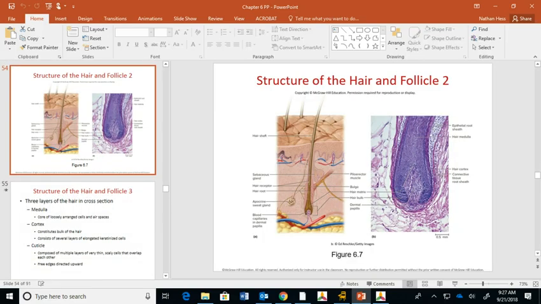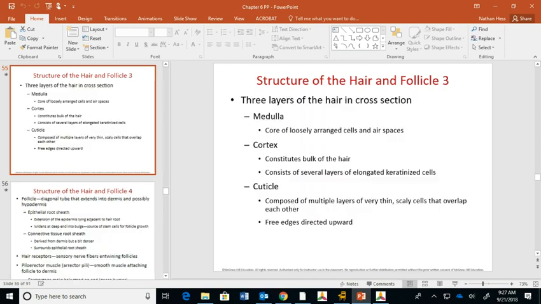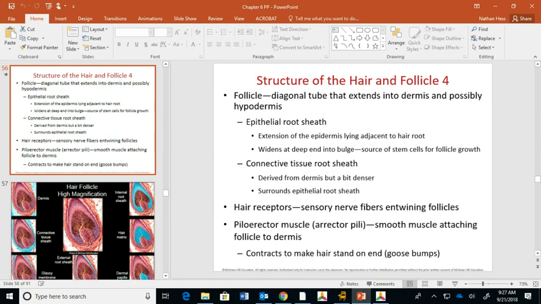Here's that picture showing you the structure. The follicle is that tube, right? There are hair receptors, actually nerve tissue, attached to the hair. If you don't touch your skin, but just touch your hair, you can feel that, right?